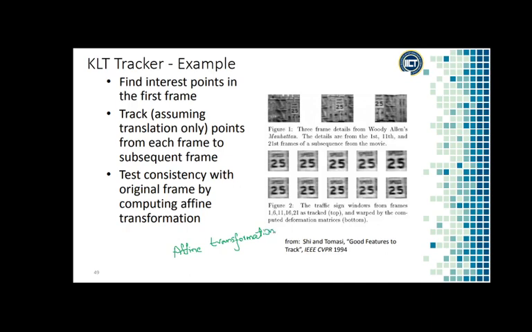So we perform affine transformation. We have already discussed affine transformation in our previous lectures, if you can remember. Affine transformation is a kind of rotation and translation combined.